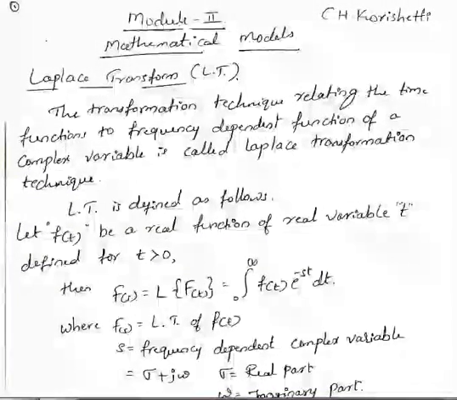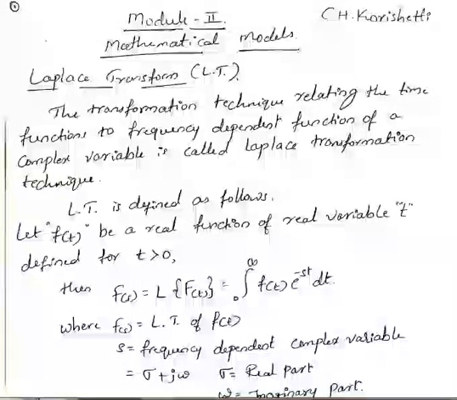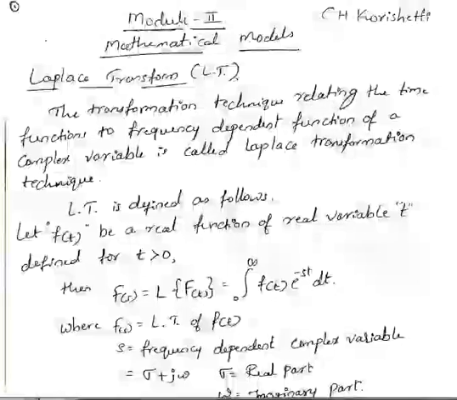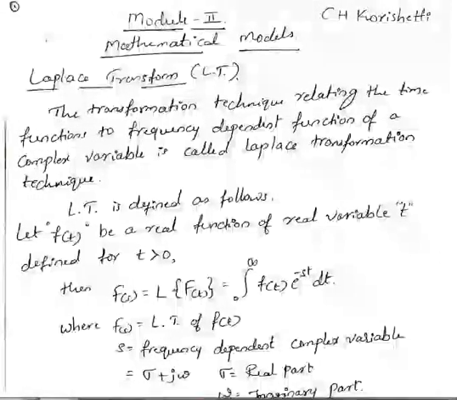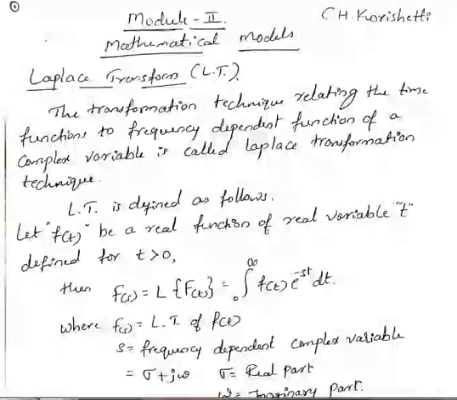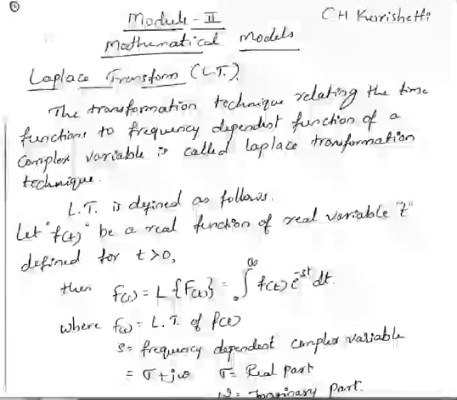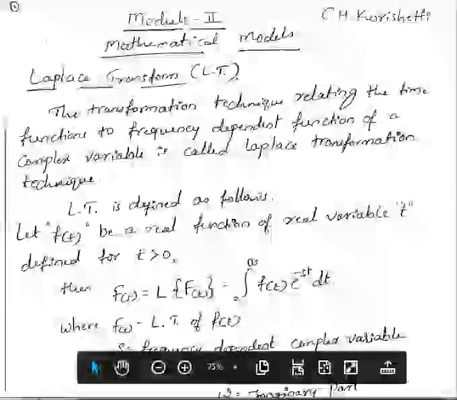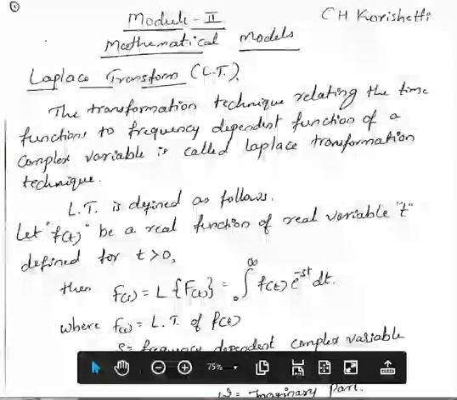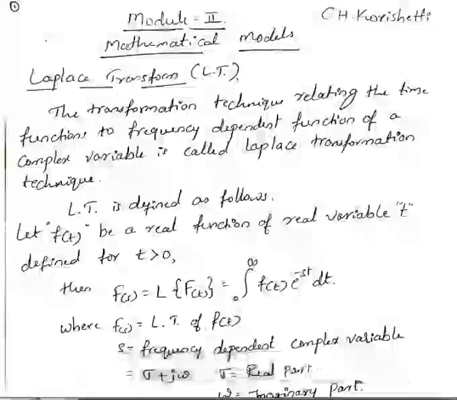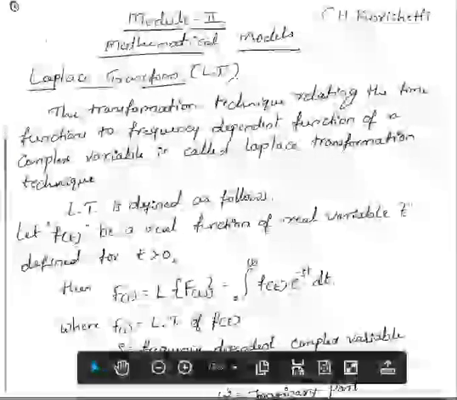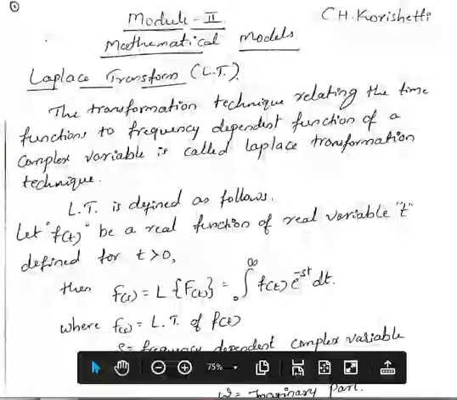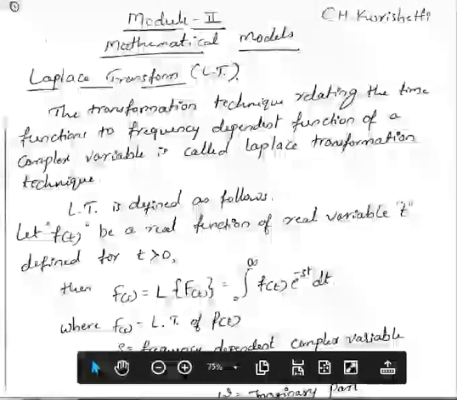For example, consider a real function f of t and the real variable t, where t is greater than 0. Then we can write F of s is equal to L of f of t, that is the Laplace of f of t. You can write it as the integration from 0 to infinity of f of t into e raised to minus st into dt.